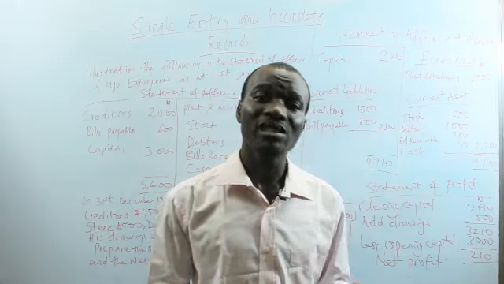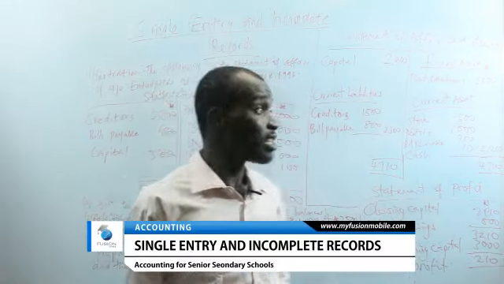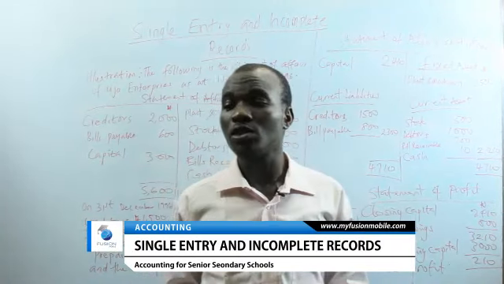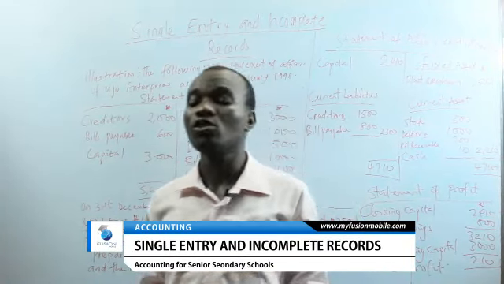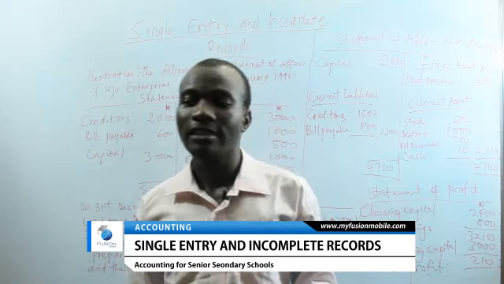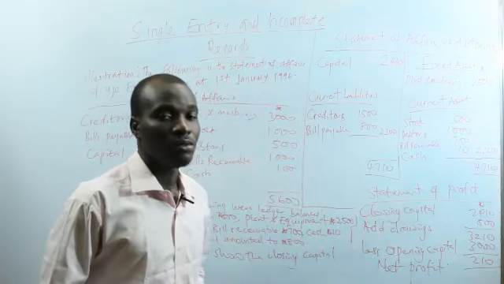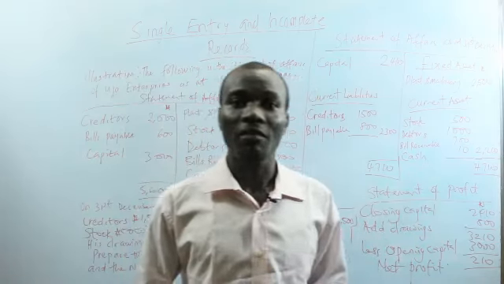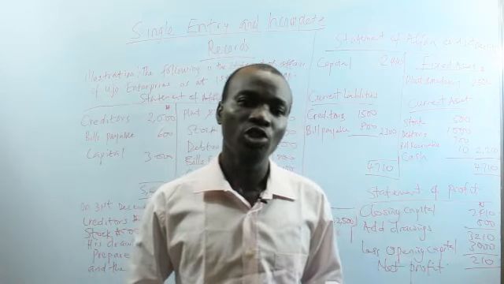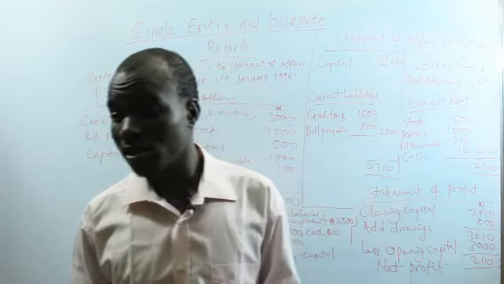The second step is to calculate our total sales during the period through the total debtors control account. Hereafter we can prepare the trading profit and loss account because we have arrived at our sales and purchases during the period. So let's take an illustrative question.